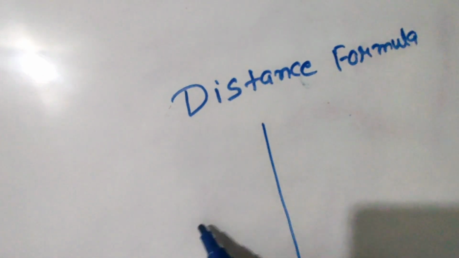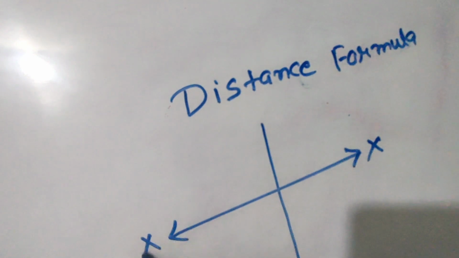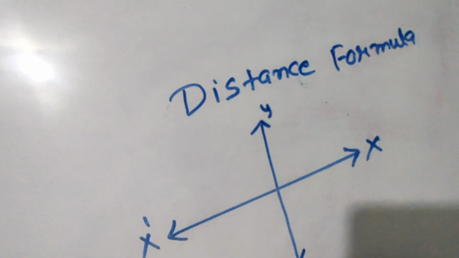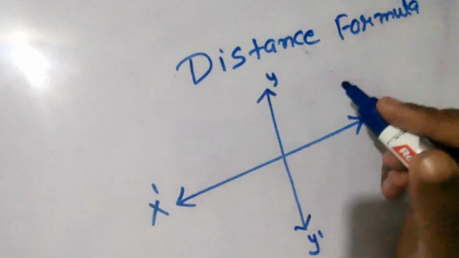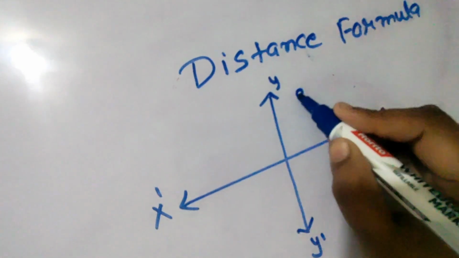Just think this is the x axis, this is x dash, this is y, and this is y dash. Okay, just give one point P here.